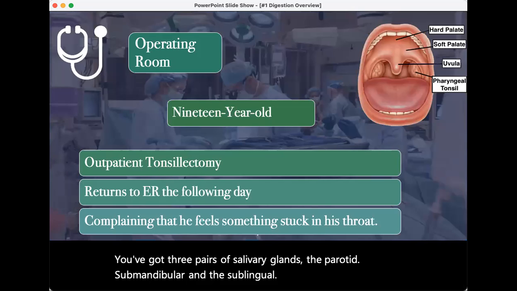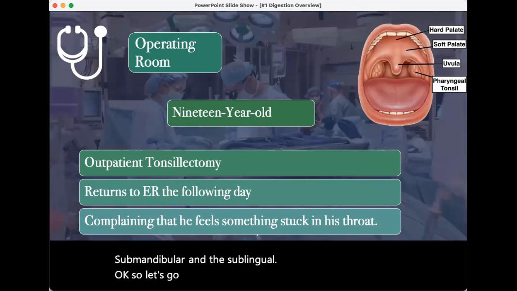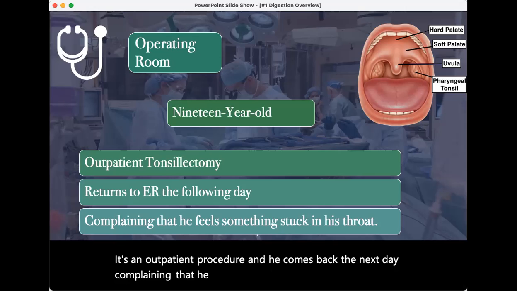Okay, so let's go on to the operating room. A 19-year-old patient is having a tonsillectomy. It's an outpatient procedure, and he comes back the next day complaining that he feels something stuck in his throat.